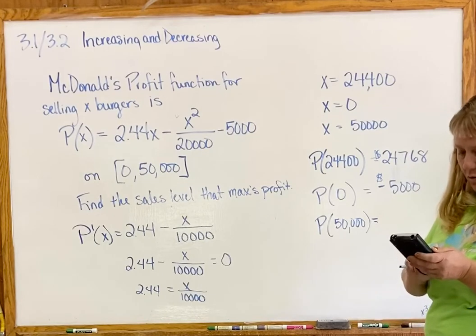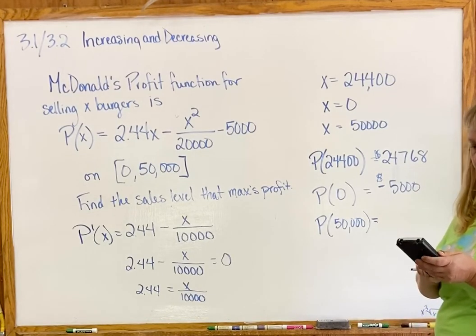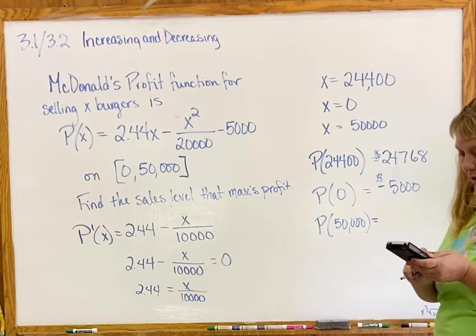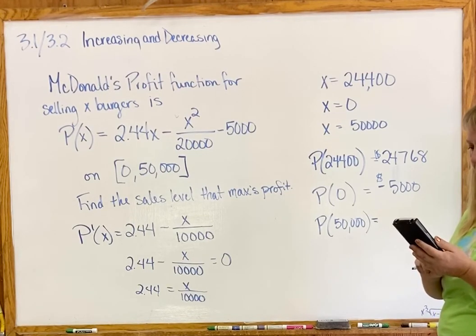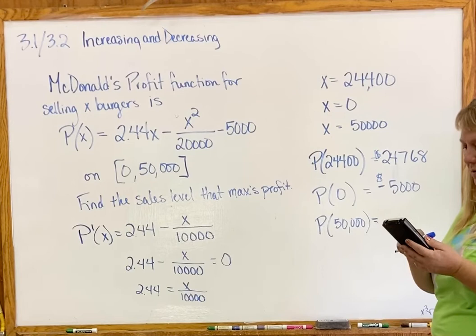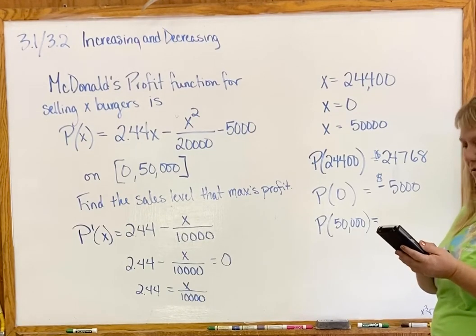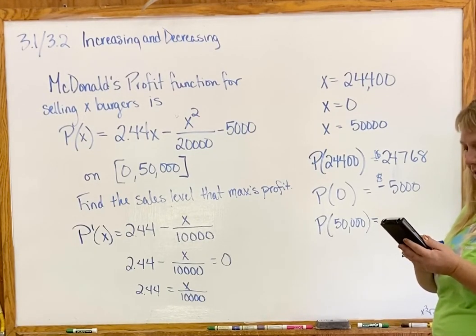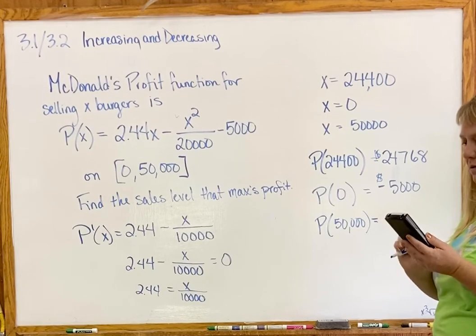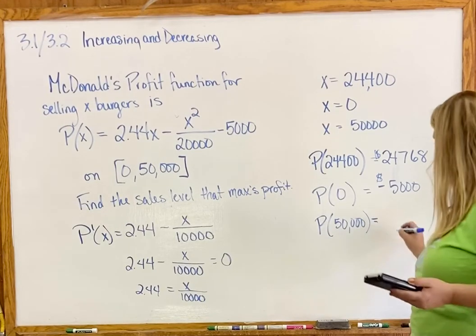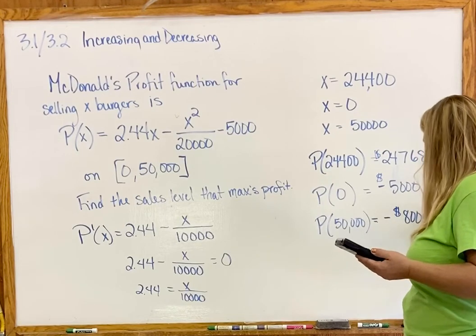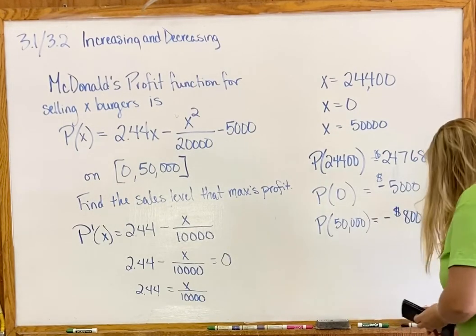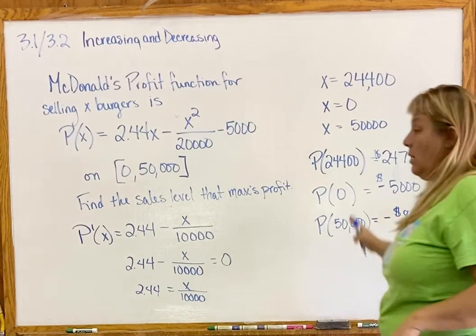So 2.44 times 50,000, minus 50,000 squared divided by 20,000, minus 5,000. And here I got a negative $8,000. So we've got our three numbers.